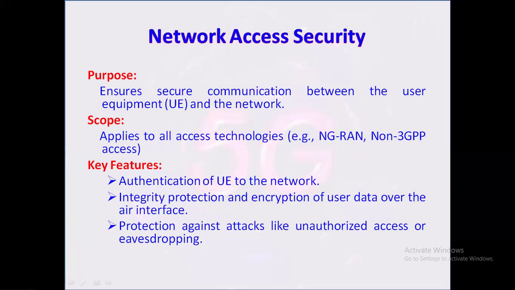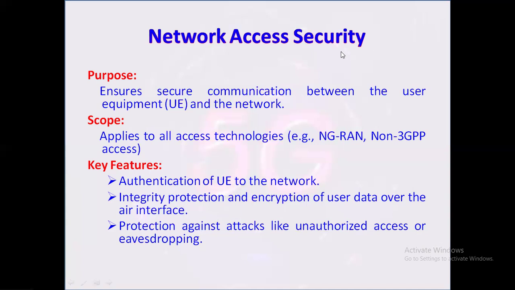This broad scope ensures that regardless of how a device connects to the 5G network, it benefits from the same level of robust security. By covering both the traditional 3GPP defined access and non 3GPP access technologies, it provides a cohesive security layer that safeguards communications across various connection types, maintaining a unified and secure network experience for all users.